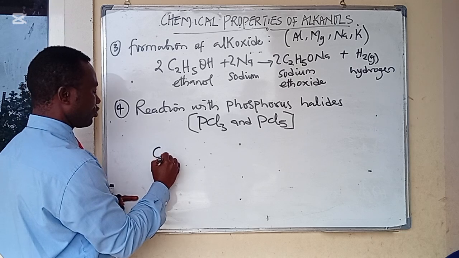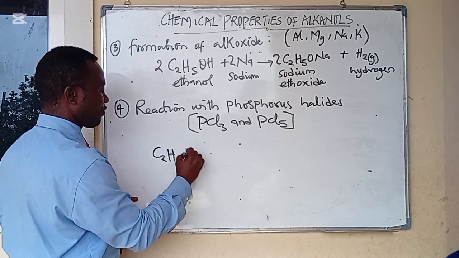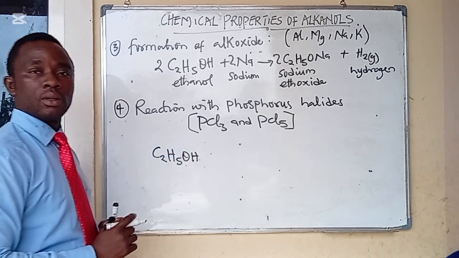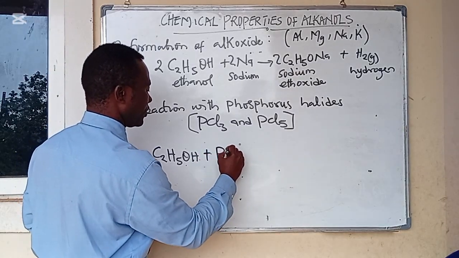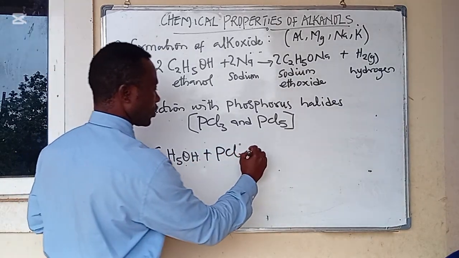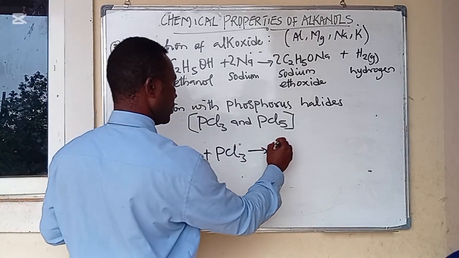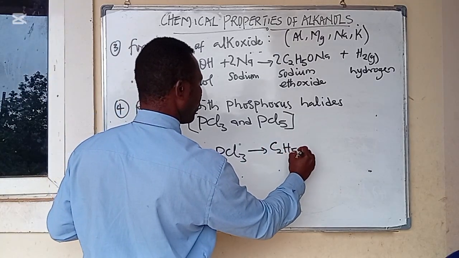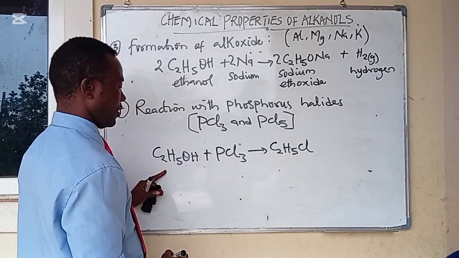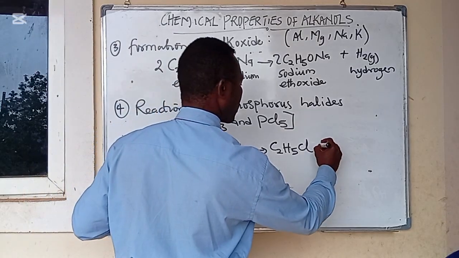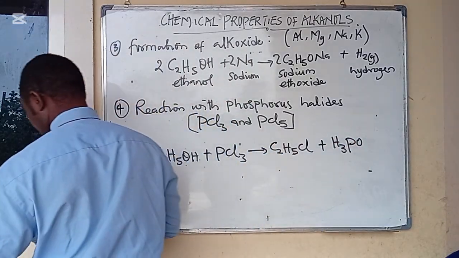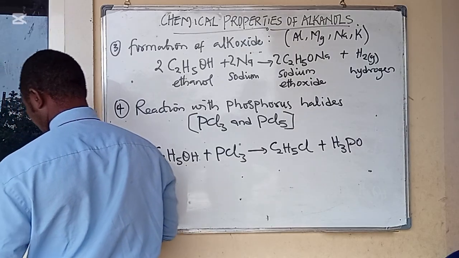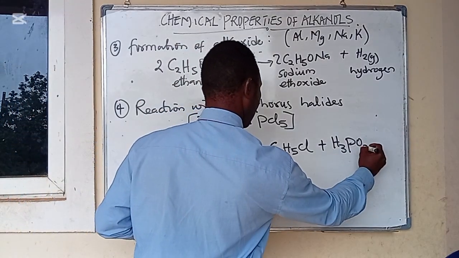Now when we have C2H5OH reacting with PCl3, it will give us C2H5Cl plus H3PO3.